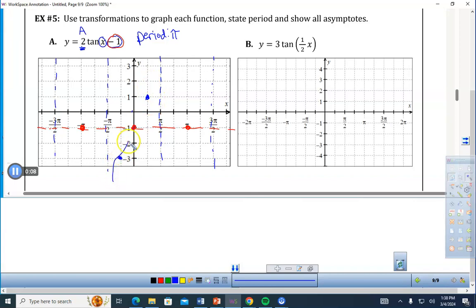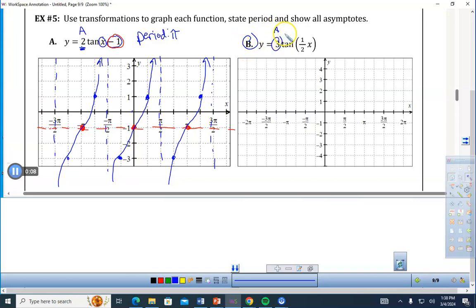I'm going to kind of draw it. Oh, gee golly, that's pretty good. Same thing here. Up 2, down 2. Up 2, down 2. Ta-da. We did it.